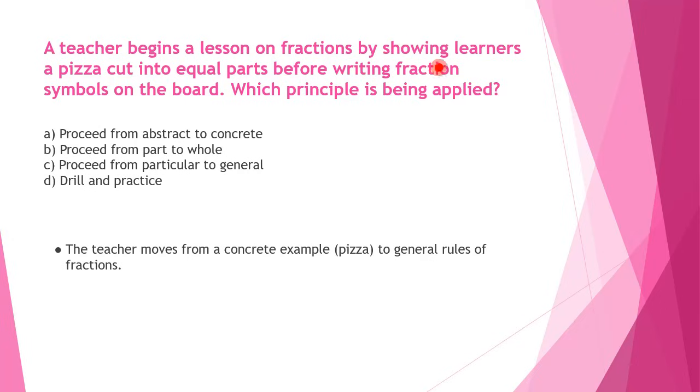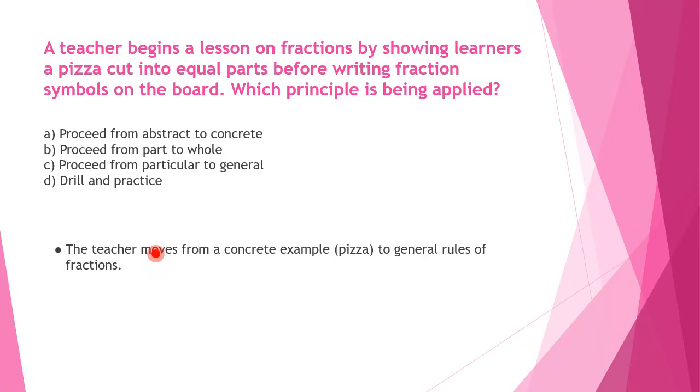A teacher begins a lesson on fractions by showing learners a pizza cut into equal parts before writing fraction symbols on the board. Which principle is being applied here? Okay, so the teacher moves from a concrete example, the pizza, to general rules of fractions.